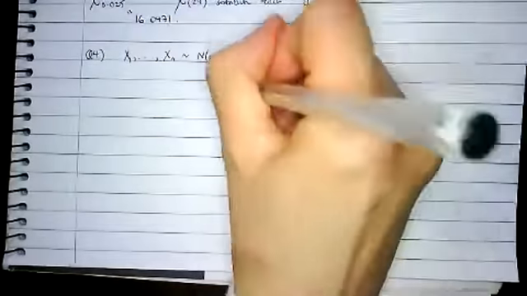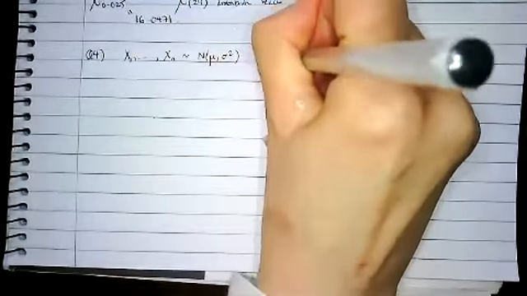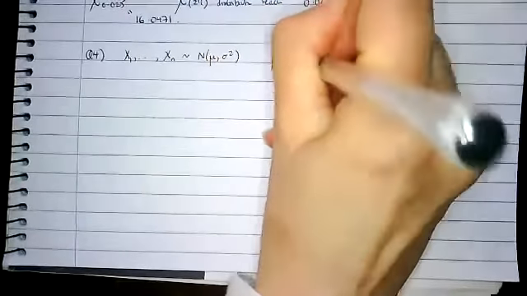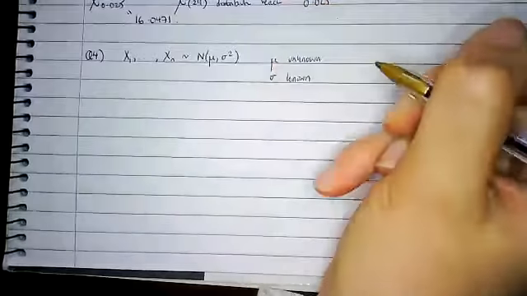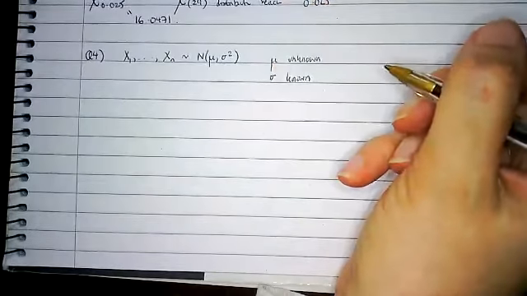The first thing we're going to do with question 4 is we've been told that we've got a sequence of random variables x1 up to xn, and we've been told that they're all normally distributed with parameters mu and sigma, and we don't know what mu is, and we do know what sigma is.